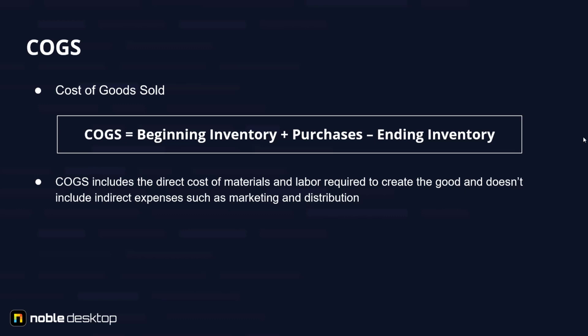The basic formula for COGS, or cost of goods sold, at the end of any accounting period is beginning inventory plus purchases minus ending inventory. As a note, COGS includes the direct cost of materials and labor required to create the good and doesn't include indirect expenses such as marketing and distribution.